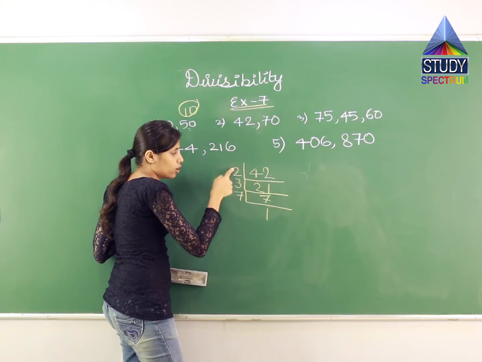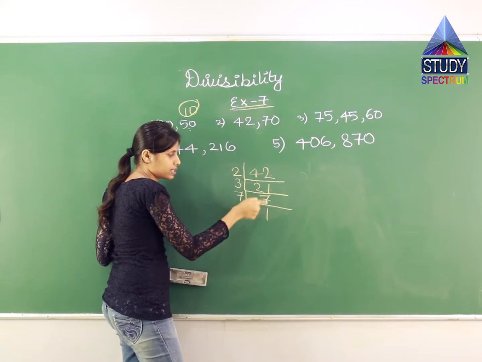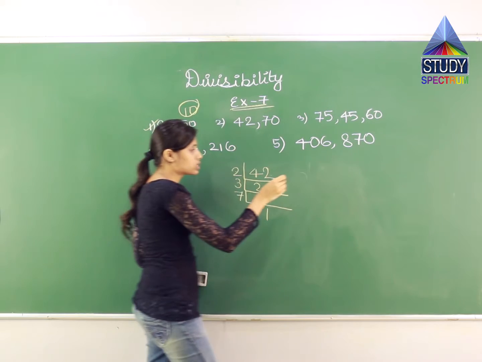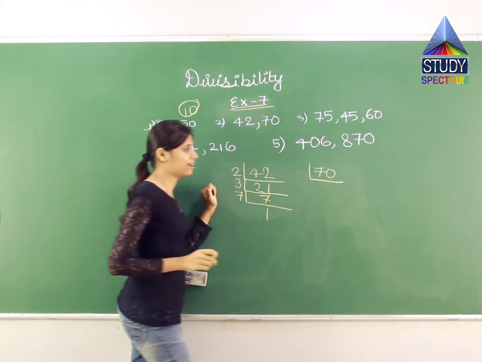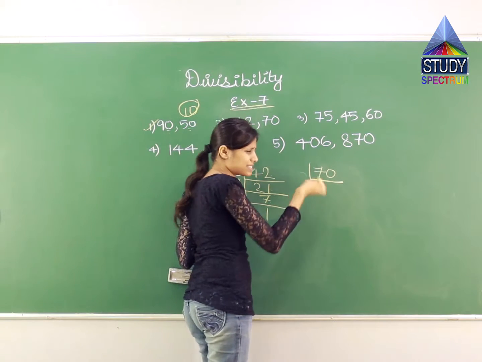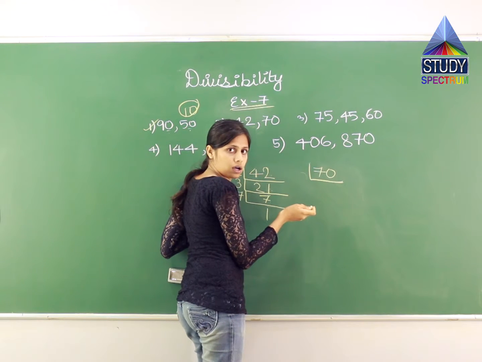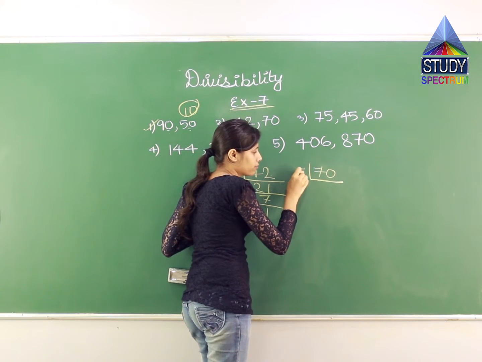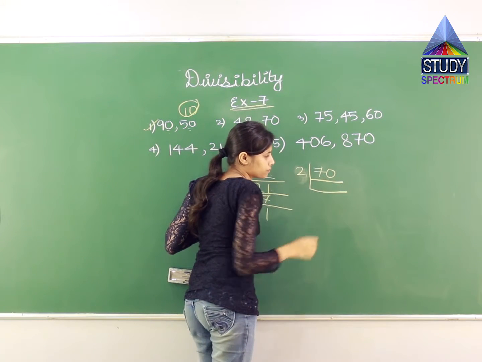2 2s are 4, 2 1s are 2. 21, 3 7s are 21, 7 1s are 7. Right? Now I will do the same with 70. 70 के लिए कौन से फैक्टर्स किससे डिविजिबल होगा? 5 से होगा, right? So let us divide it by 5 first, or let us divide it by 2. सबसे छोटा नंबर 2. Okay?